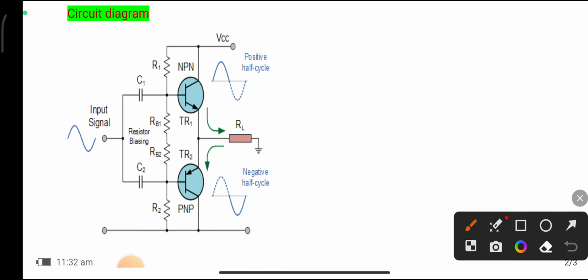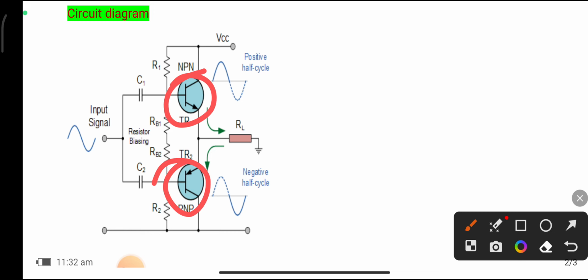That's why it's called a push pull amplifier. The NPN transistor TR1 pushes the positive cycle, and transistor TR2, the PNP transistor, pulls the negative half cycle. So it's called the push pull amplifier.